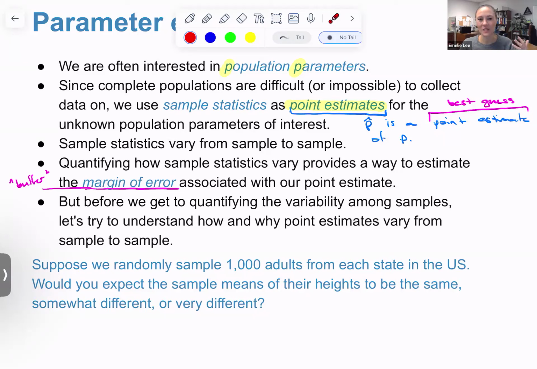And so that's what that margin of error is, that buffer, the plus minus. Now we're going to have formulas for these, but I just want to talk about the concepts because we know them, we understand them, we use them, but we never call them margin of errors. Okay?